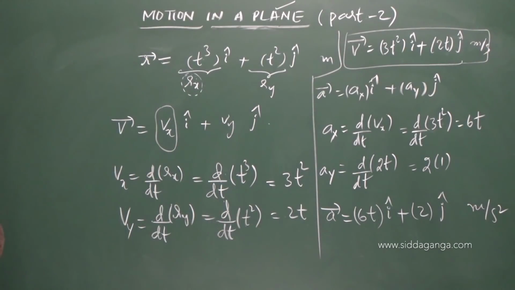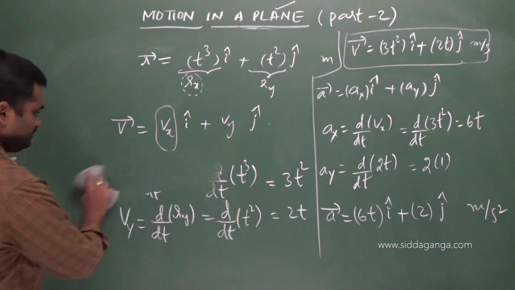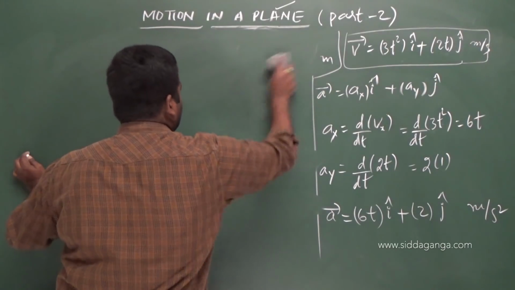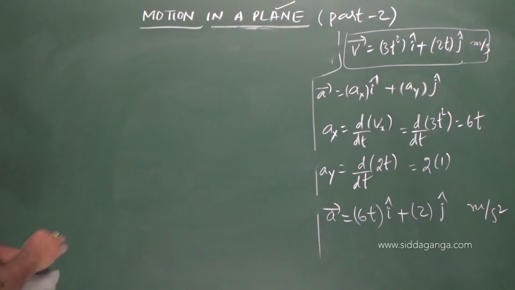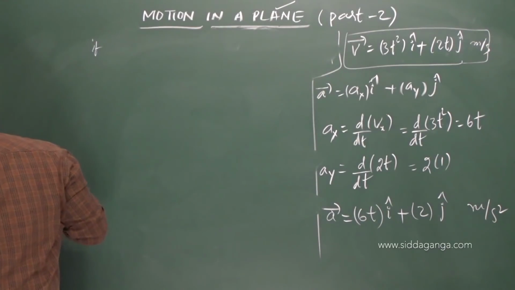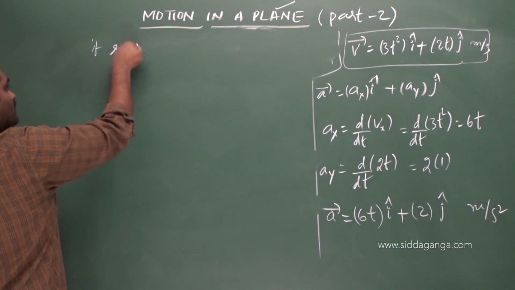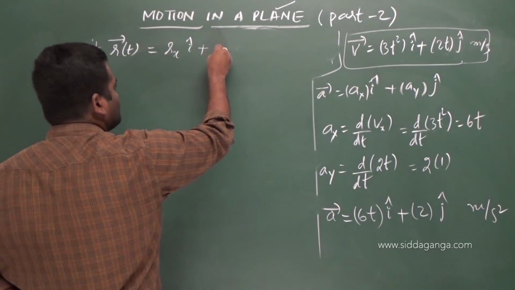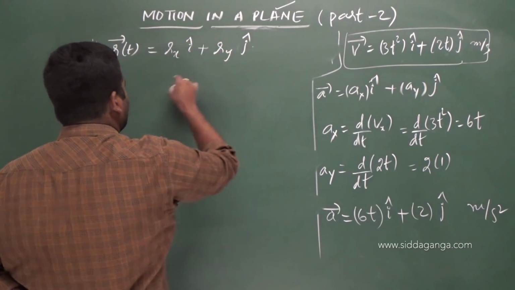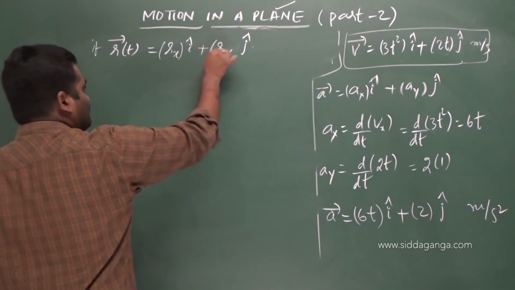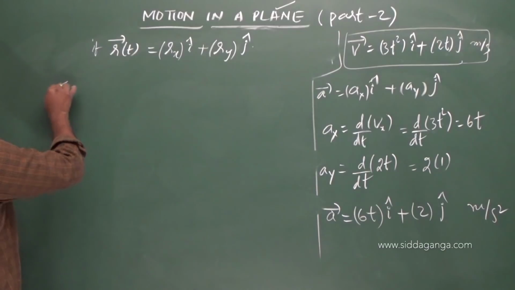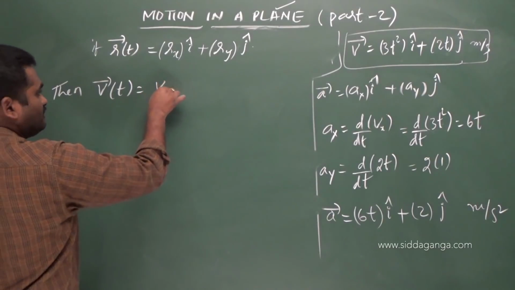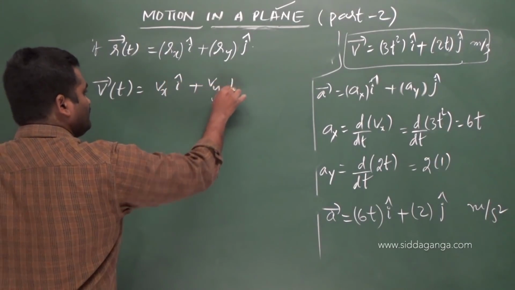A small conclusion for that: I will just mention how we need to write velocity and acceleration. If the position vector is changing with respect to time and is given like rx i cap plus ry j cap, meaning rx varies with time and ry also varies with time, then the velocity vector, how it changes with time, is vx i cap plus vy j cap.